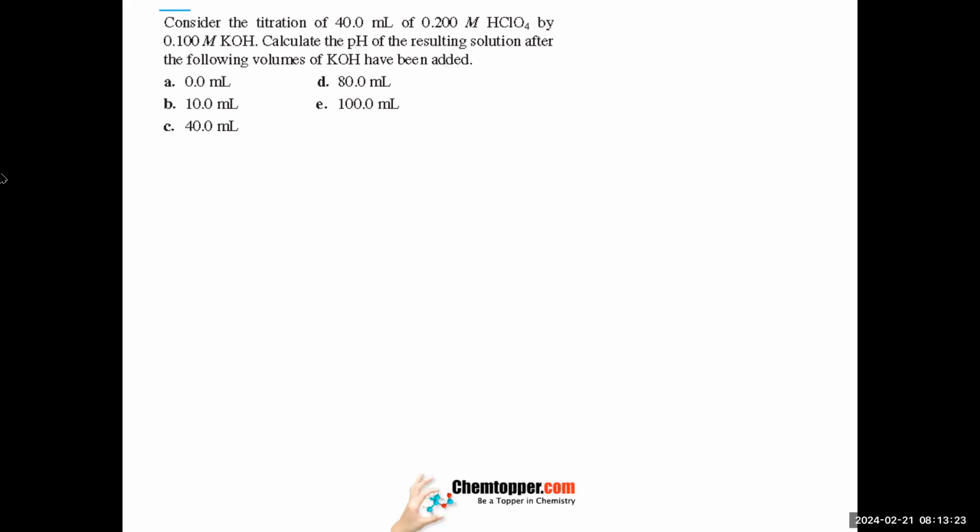And when you are reading the question, identify what type of acid this is, what type of base this is, and write the equation. Complete the reaction. HClO4, what type of acid? Strong, weak?